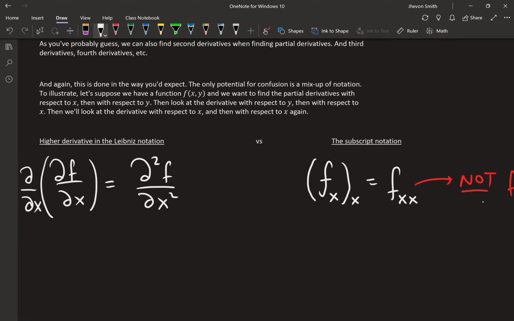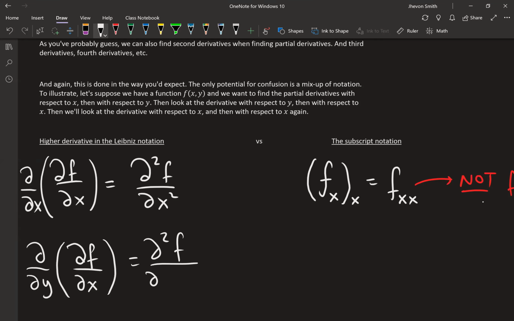Now, suppose I did the partial of f with respect to x. Then I took the partial of that with respect to y. This would be, of course, d squared f, and now it would be dy dx. That's how I would write that. Now, what would be the equivalent notation for this?